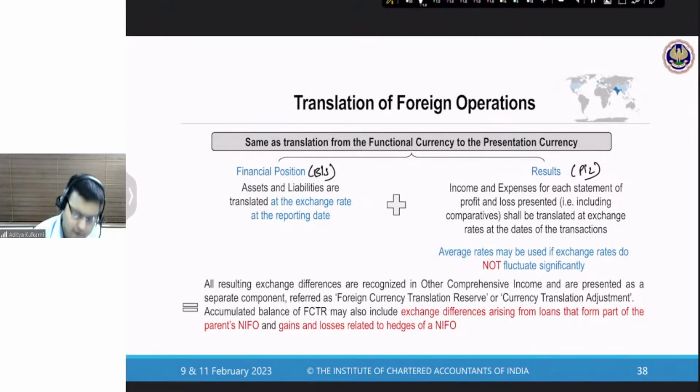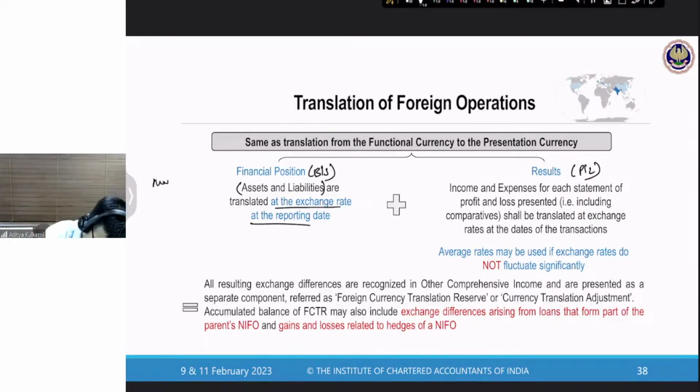Okay. So when I talk about my financial position, assets and liabilities are translated at the exchange rate at the reporting date. See, when they say assets and liabilities, are they differentiating between monetary and non-monetary? Answer is no, they are not differentiating.